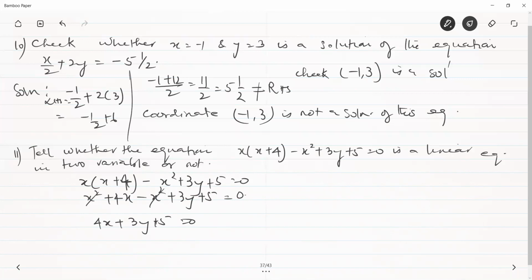Yes, this is a linear equation in two variables, no? Because x and y are the variables.